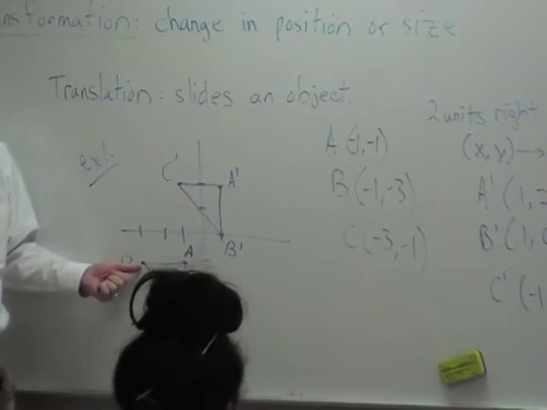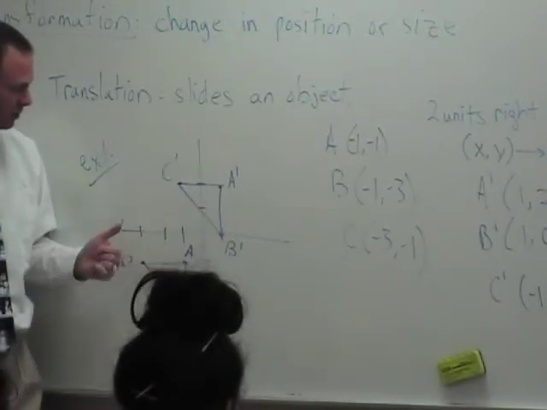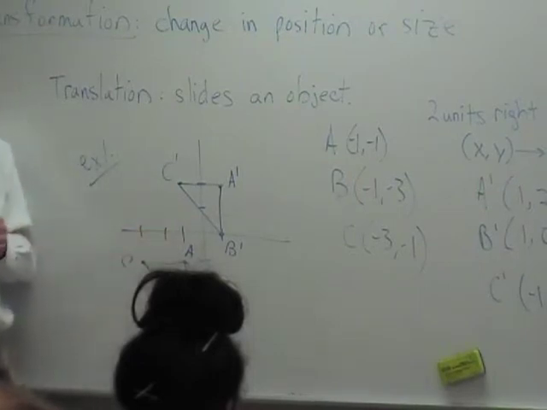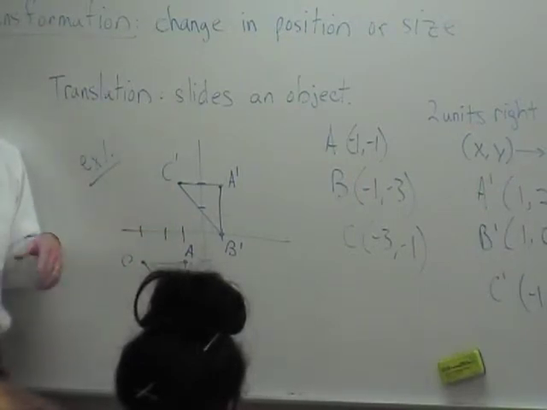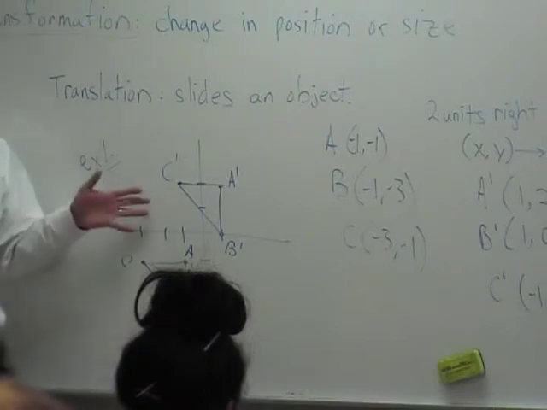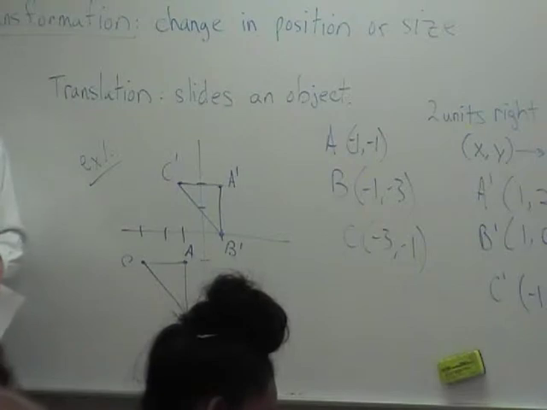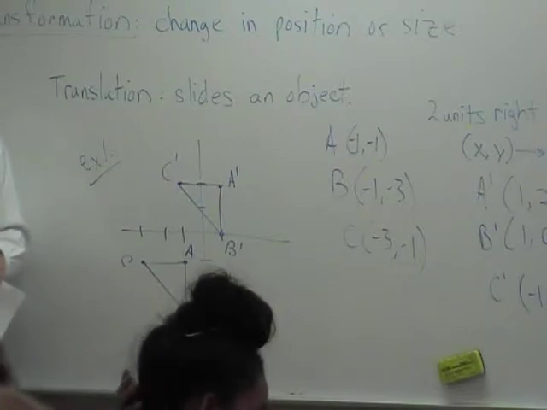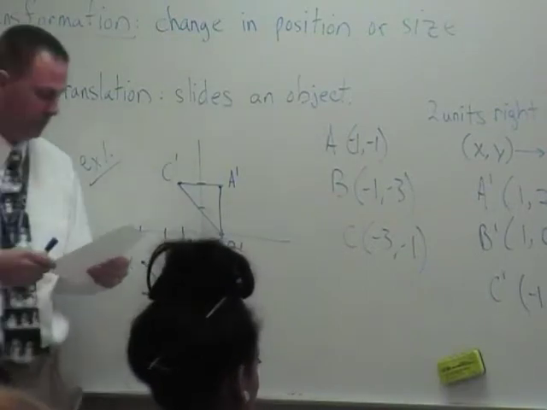The x-coordinate of C is -3. The x-coordinate of C prime is -1. What do we do to C to get to C prime? We added 2. So just by looking at pictures, you can get the rule. Is everybody all right with that? Anybody lost? All right.